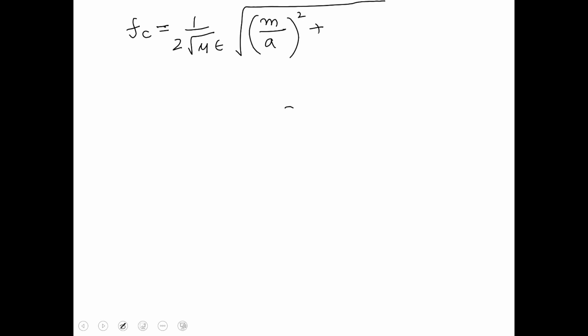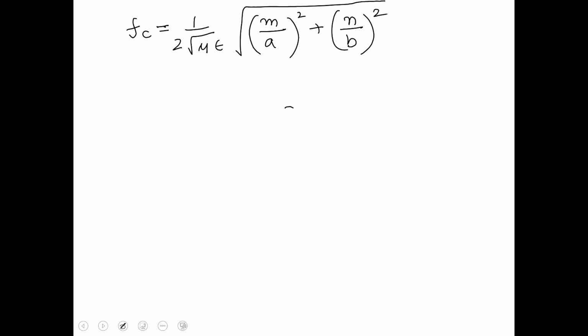The cutoff frequency would be very similar to the TM and would be 1 by 2 square root of mu epsilon. I've taken the pi outside of the terms so that I can cancel the pi in omega with the pi I have in the terms: (m by a) square plus (n by b) square.